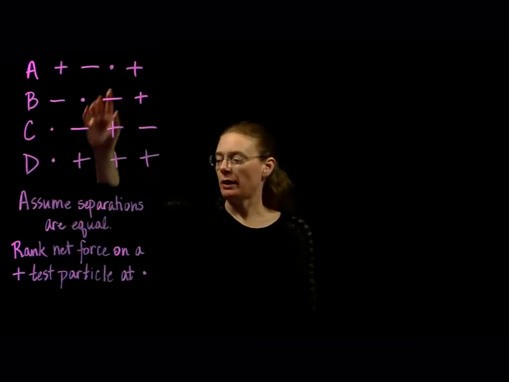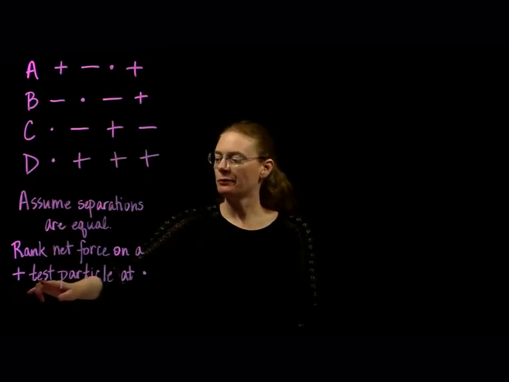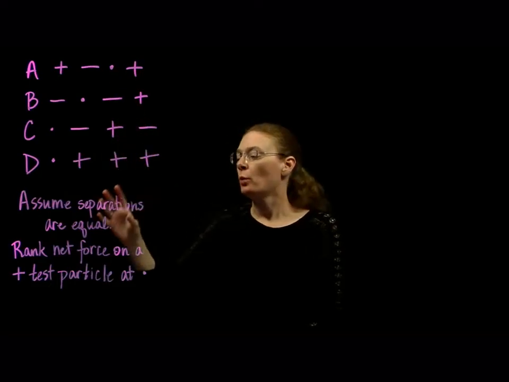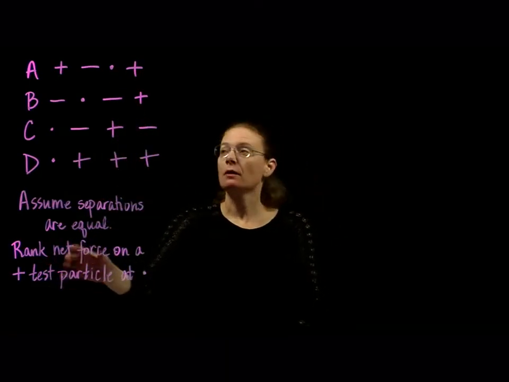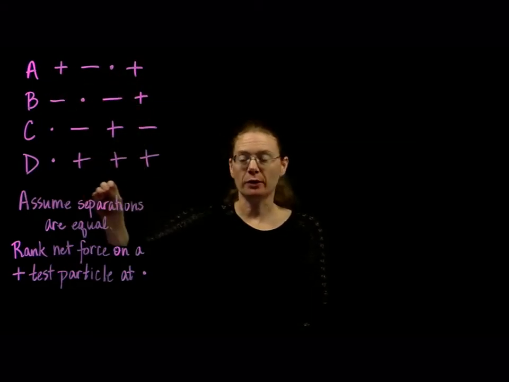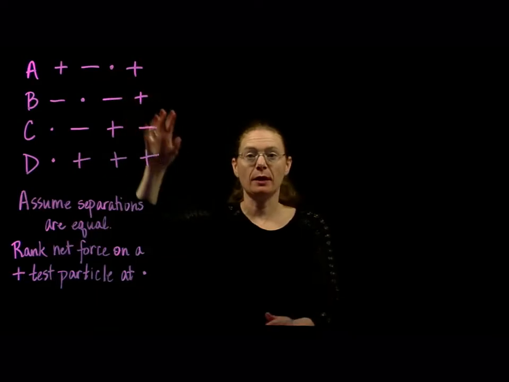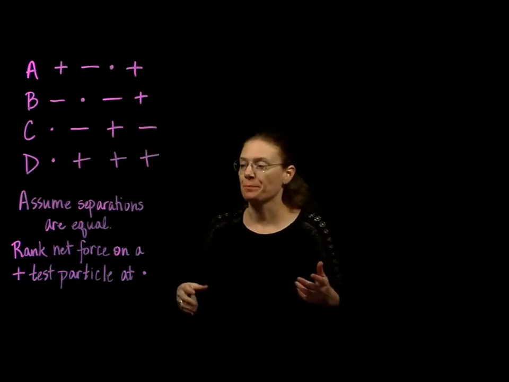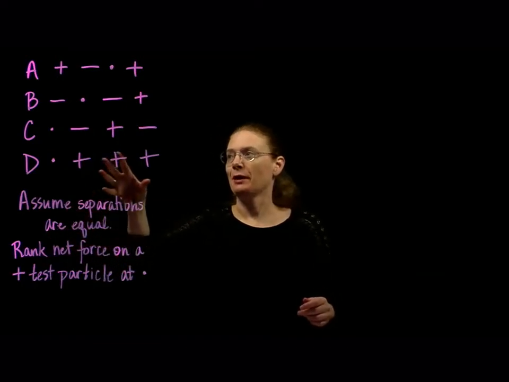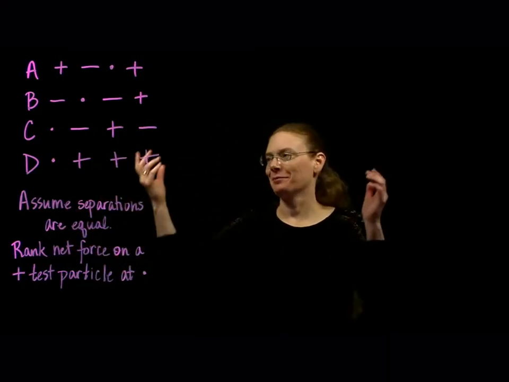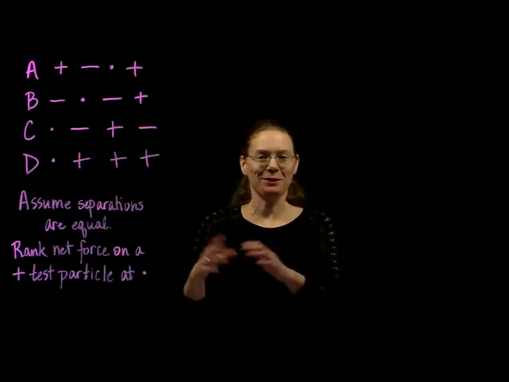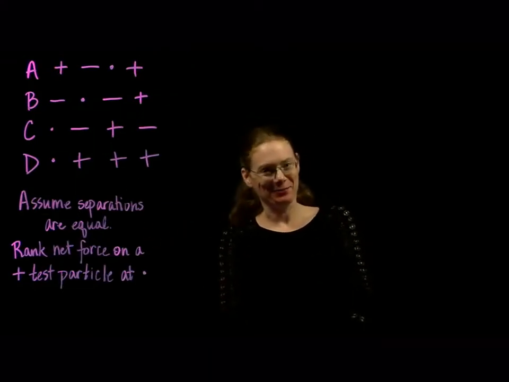We want to know if we put a positive test particle at that position, what is the net force that it is going to feel, and rank those 4 situations based on the net force that test particle is going to feel. And we are always going to assume that the separations are equal, even if they don't look equal, because, well, between the font and my drawing skills, it usually isn't equal. We're going to make that assumption.